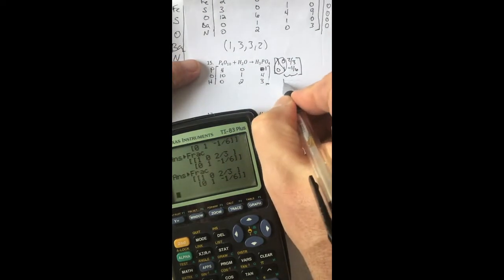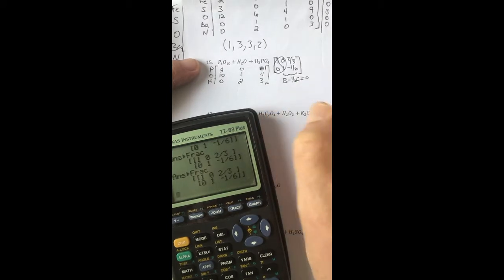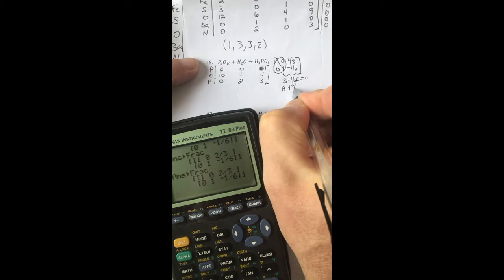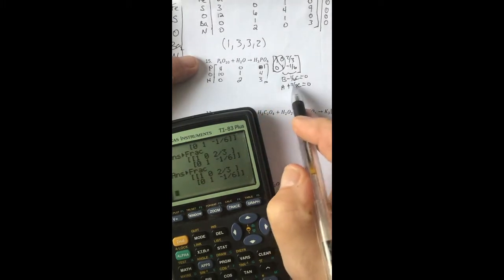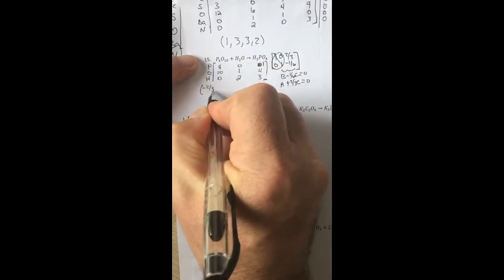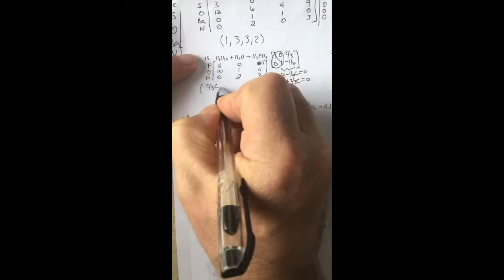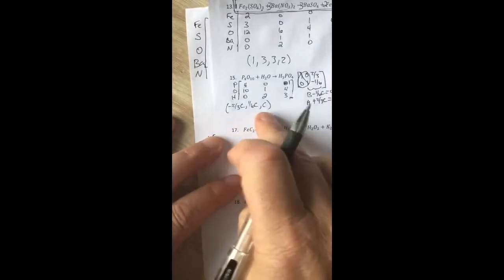So here's 1B minus 1/6 C equals 0, and up here I have A plus 2/3 C equals 0. So B is 1/6, A is -2/3. So A is -2/3 C, B is 1/6 C, and then C. I'm just going to pick a whole number that makes all of them whole numbers.